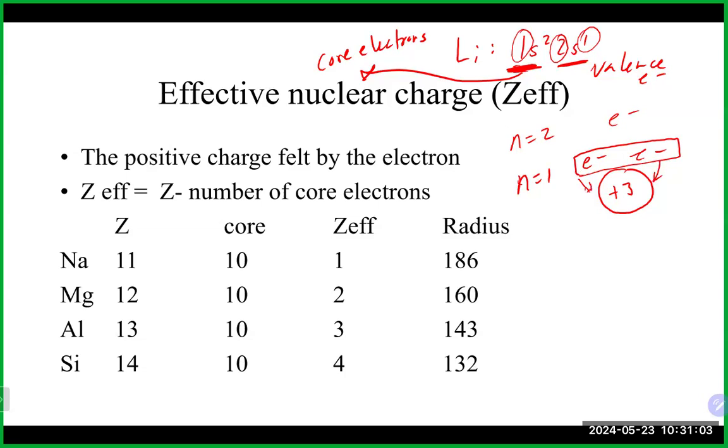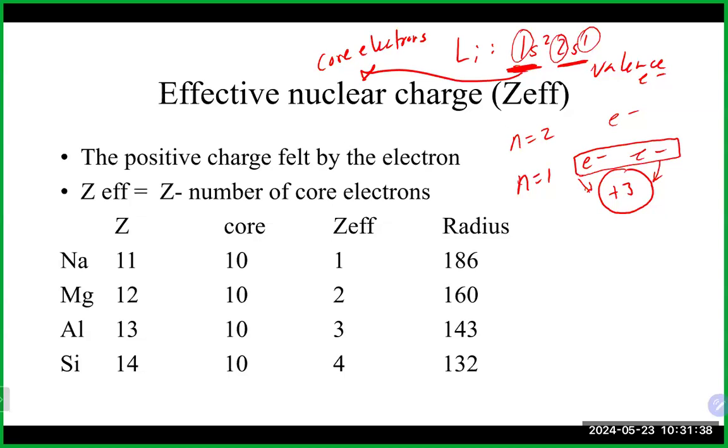And one thing about electrostatic attraction, which is opposites attract, positive and negative charges, is that the strength of that attraction increases with the size of the charge. So a +3, -3 attraction is going to be much stronger than a +1, -1 attraction. So these guys are feeling the full brunt of that positive 3 charge. That is why they are held really tightly, and that is why they're not really involved in bonding, because they're tightly held close to the nucleus.